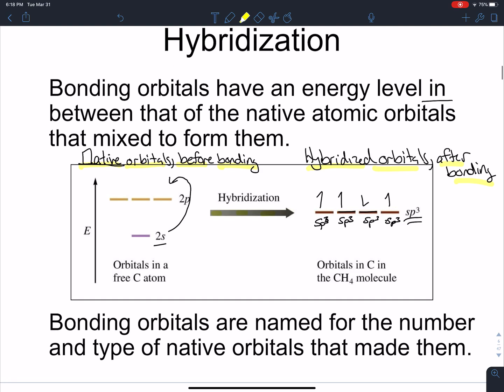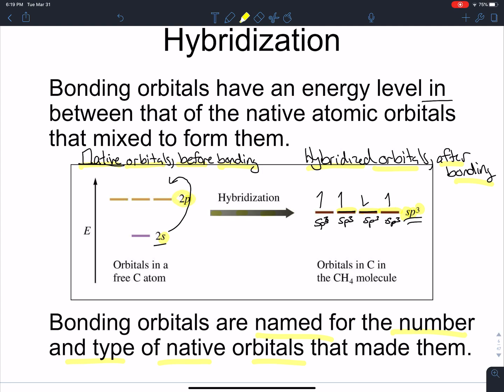So bonding orbitals are named for the number and type of native orbitals that made them. The s portion of the name, right, comes from the electrons that were in the s. The p portion comes from the electrons that were in the p. And then we have a 3, because remember, 3 of these were converted from the p's.